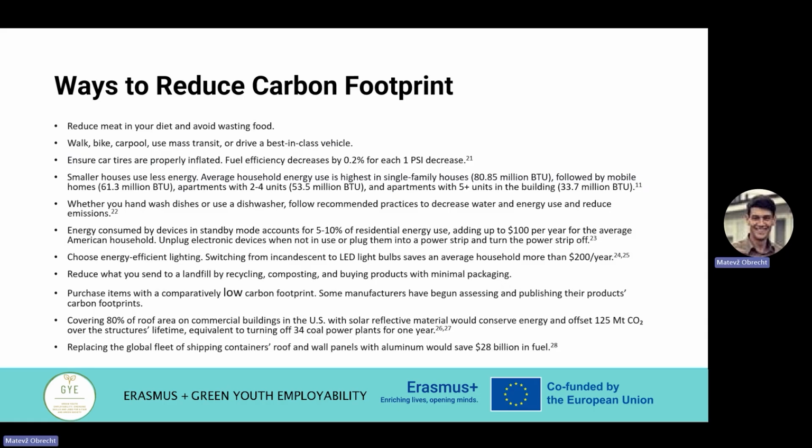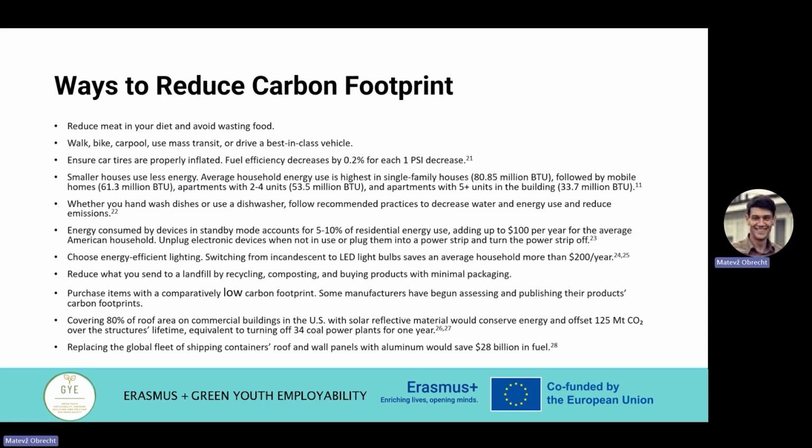In semi-detached houses or houses with more apartments, energy use and impact is, of course, significantly lower. When washing dishes, for example, use a dishwasher, because a dishwasher is usually much more efficient than doing it manually, and we save time as well.